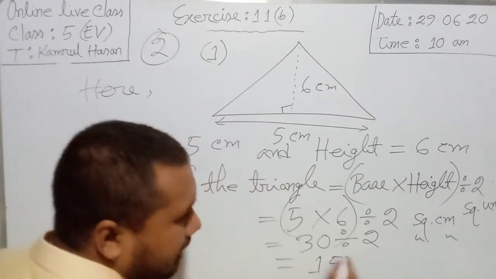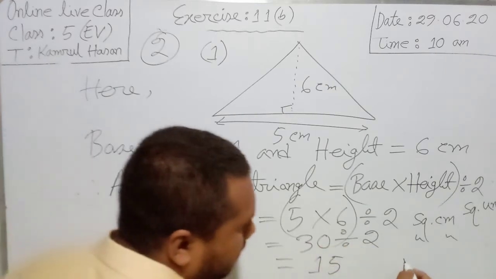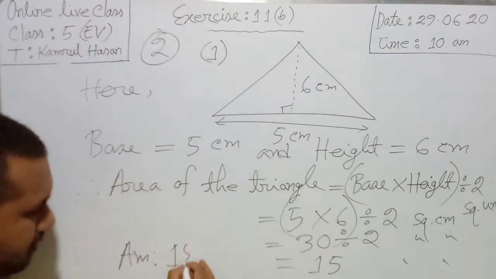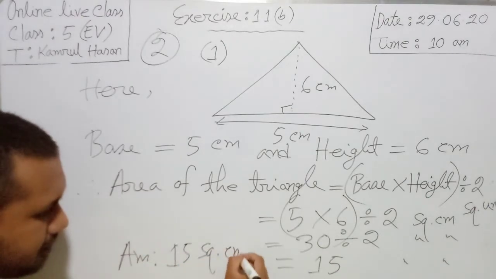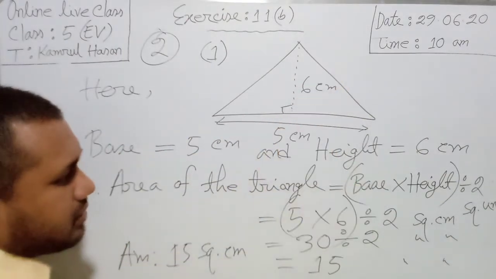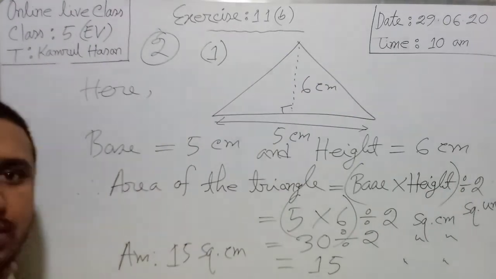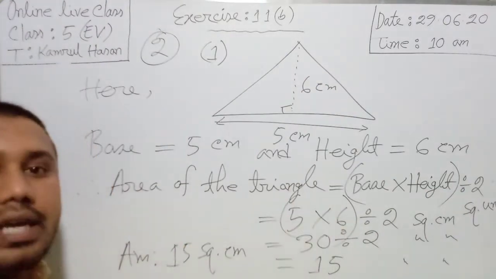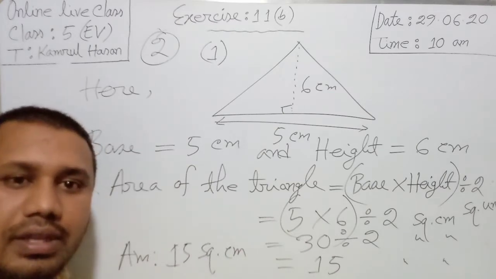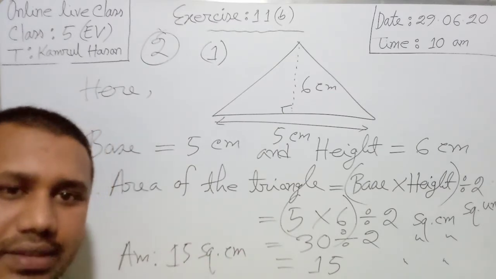So 30 divided by 2, what will it be? 15. Good. 15 square centimeter. So the answer is 15 square centimeter. Very simple. At first you have to write here base equals 5 centimeter, height 6 centimeter. Now we can say this is a triangle. So the area of the triangle is base into height divided by 2 square unit. Now input your values, then you will get the required answer.